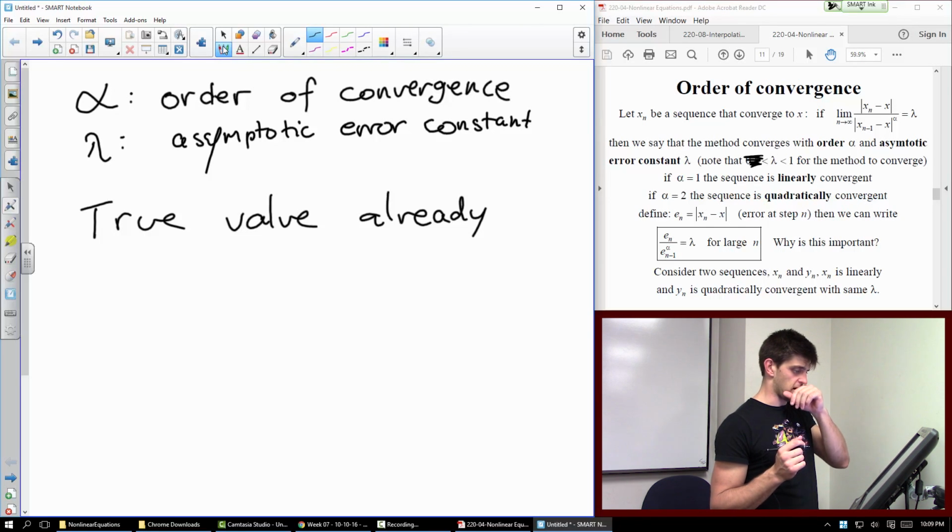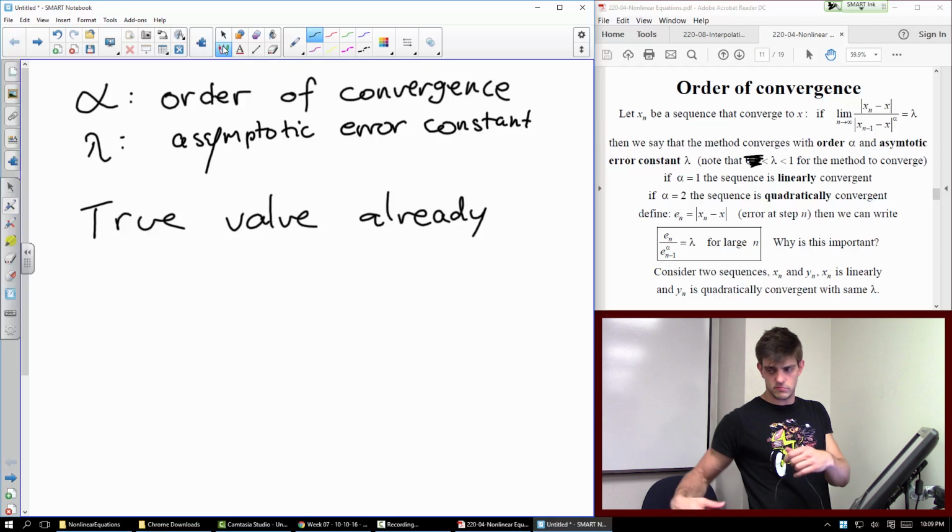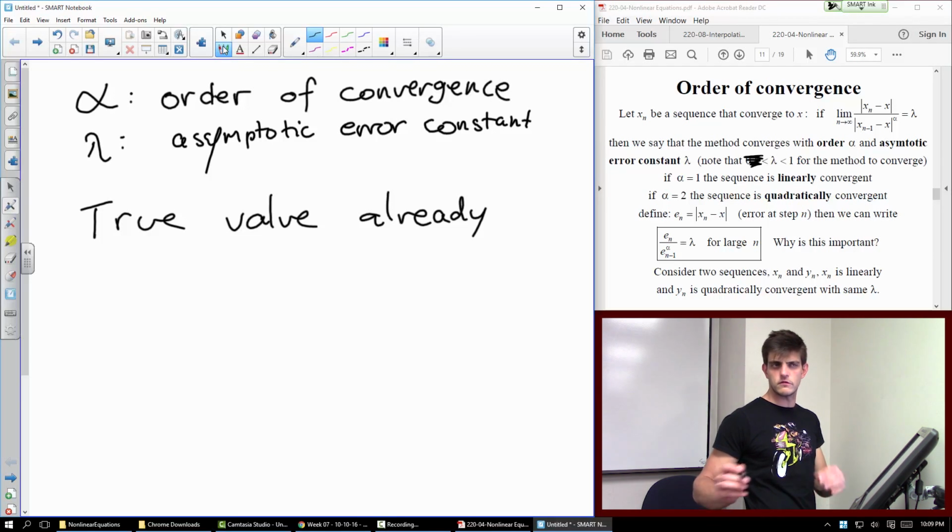For our purposes, what we're going to call the true value is whatever value your root solving technique converges onto. We don't actually talk about if that's the correct root or the correct value. We're just assuming it is. If your root solving technique is converging towards it, then we're going to assume that it's converging towards the truth. We're going to call that truth.